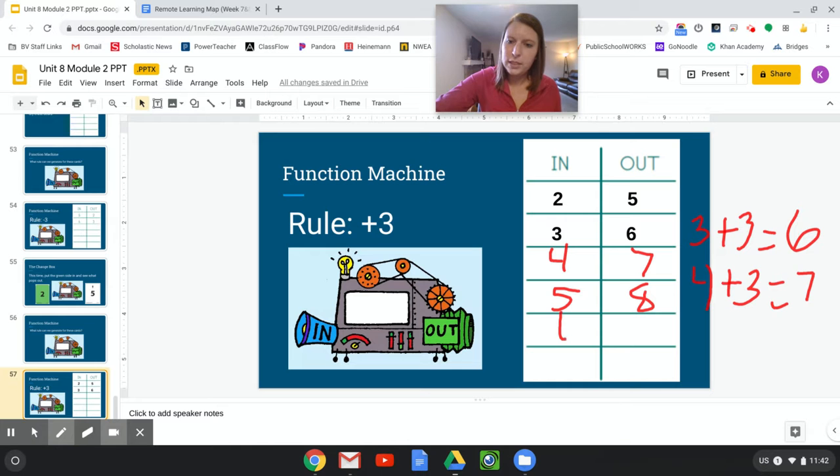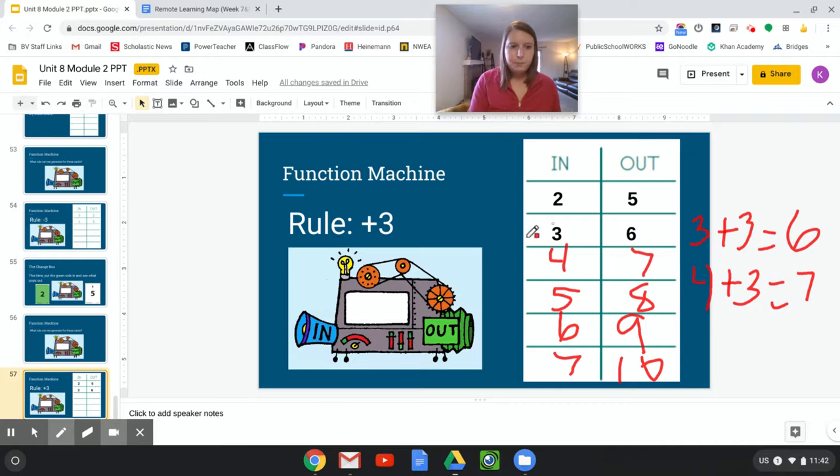If you put a 6 in the machine and you add 3, what number would come out? 6 plus 3 equals 9. I'm hoping you guys are saying these numbers at home too, right? Last one. If you put in a 7 and then you add 3, what number comes out? 7 plus 3 equals 10.